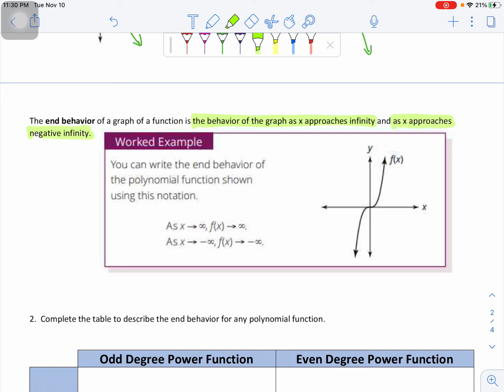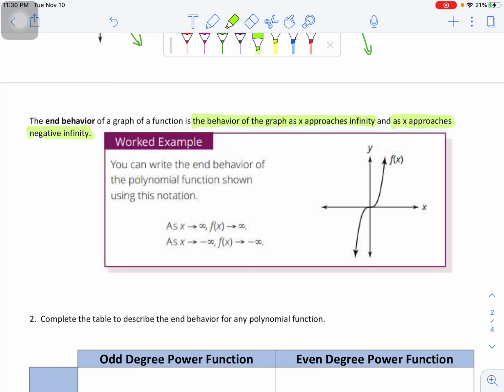So in this case, it is approaching negative infinity, all right? So this is what we're going to be focusing on for the end behavior. It's what's happening as x is approaching infinity and what's happening as x is approaching negative infinity. So you have to write both halves of the answer to cover the end behavior, okay?